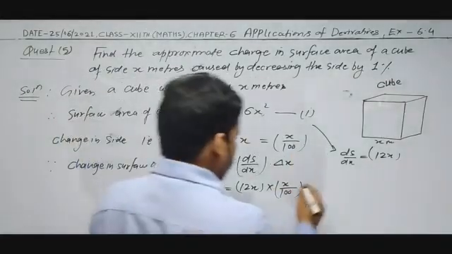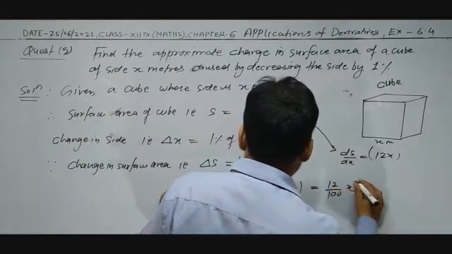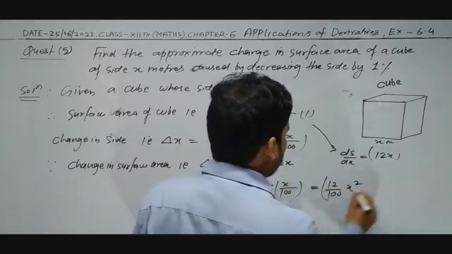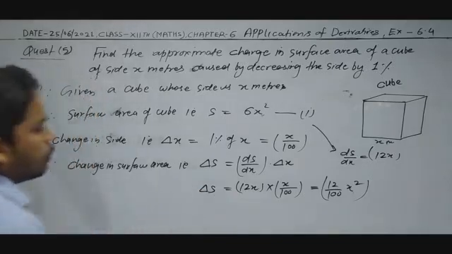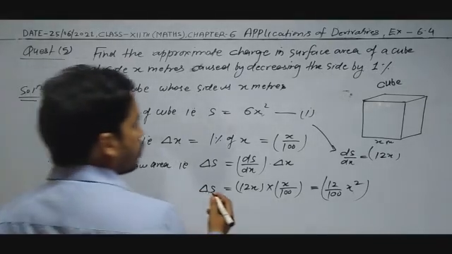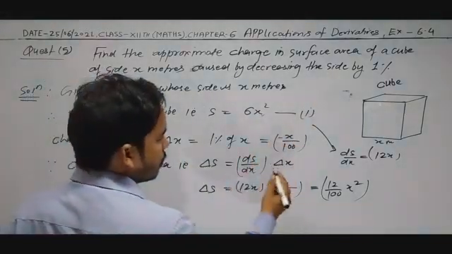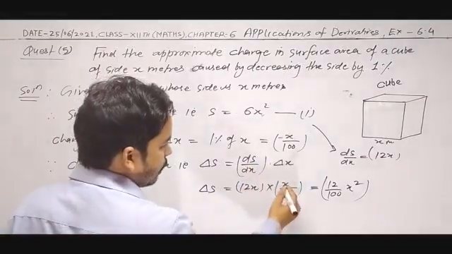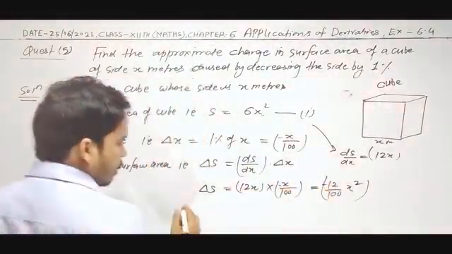So calculation is 12 by 100 x square. And now x is decreasing, so you can write minus sign. So minus del x will be here, so minus 12 by 100 x square.